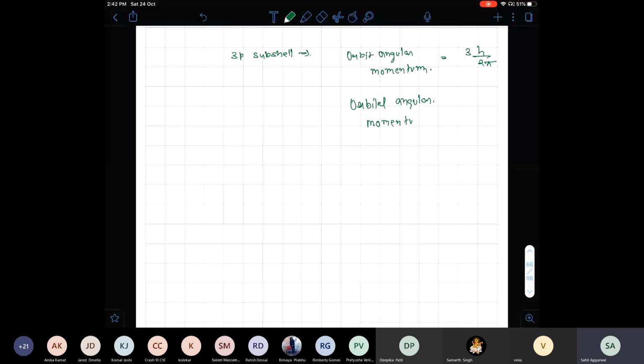What will be orbital angular momentum? It will be root of L into L plus 1 into h upon 2 pi. मतलब root 2 into h upon 2 pi. Understood? Understood, all of you?